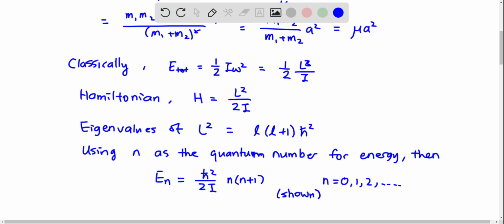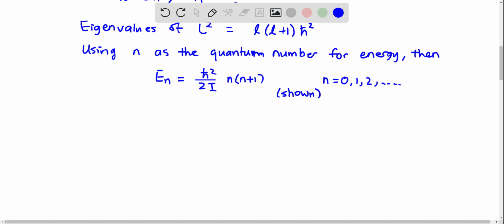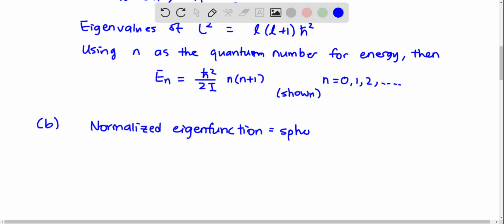So this is for part A. Then we move on to part B. We want to find the normalized eigenfunctions. The normalized eigenfunctions are the spherical harmonics, because spherical harmonics are the coordinate representation of the L square operator.